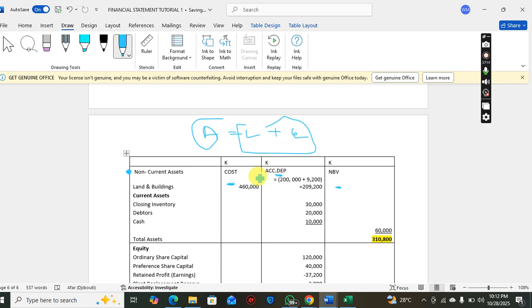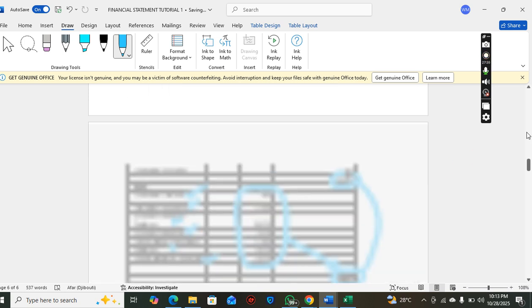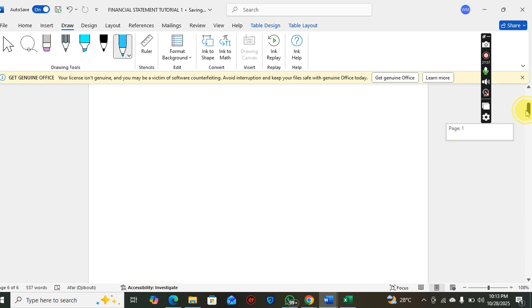So under non-current assets, we have land and buildings. Cost, 460,000. Accumulated depreciation, remember in our trial balance, let me just take it here.